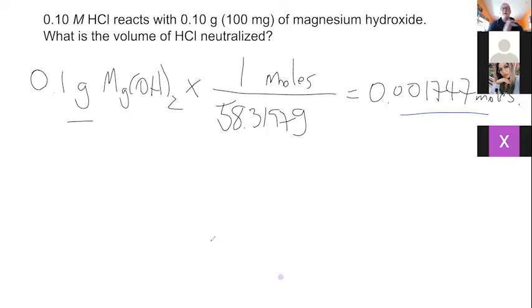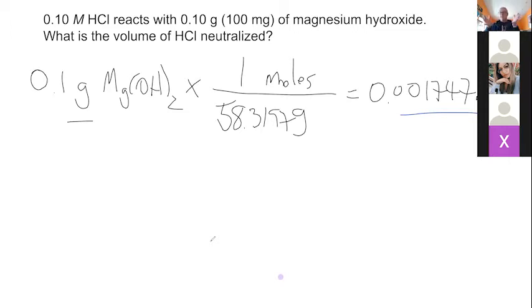Remember, I've got two things reacting with each other, so what do I need to do next? Find the number of moles of HCl. How am I going to do that, though? Use a ratio. How am I going to get the ratio? Through an equation, like the balanced equation.